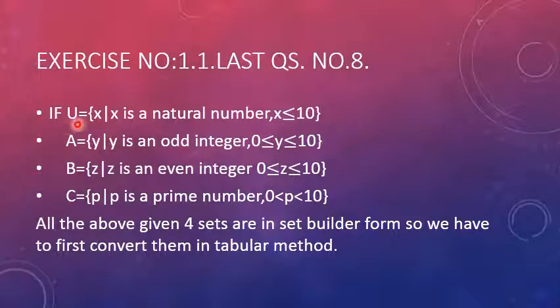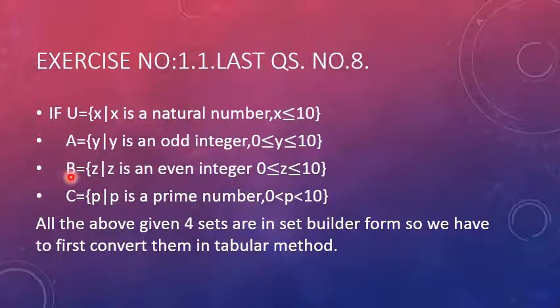Now in the first set, U, the universal set, consists of all small x such that x is a natural number, and here the limit is given, x is less than or equal to 10. Then the second set A consists of all small y such that y is an odd integer. Again the limit is there, 0 is less than or equal to y is less than or equal to 10.